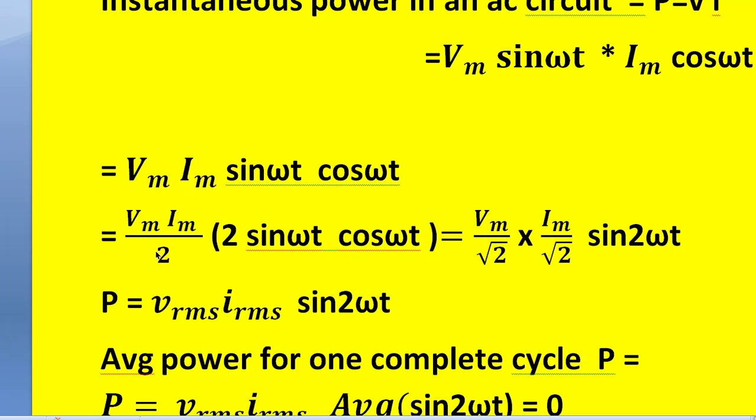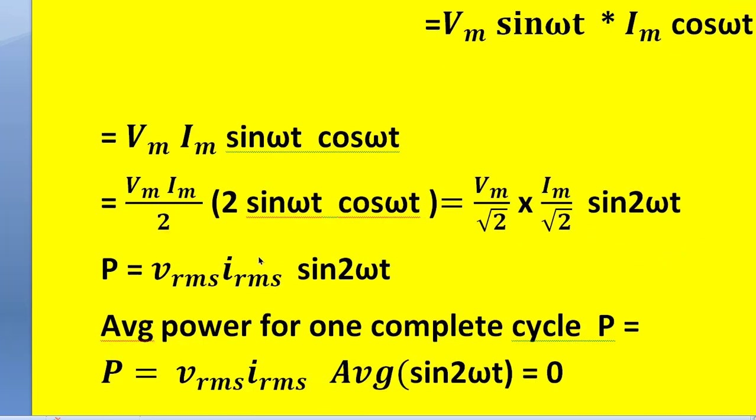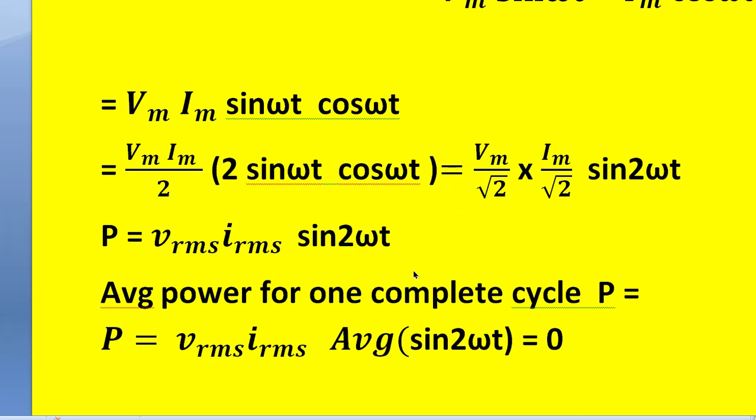And we write this 2 as root 2 into root 2, then we get Vm by root 2 into Im by root 2, and this we can write as sin 2 omega t. Then we get this power equation as Vrms into Irms into sin 2 omega t.